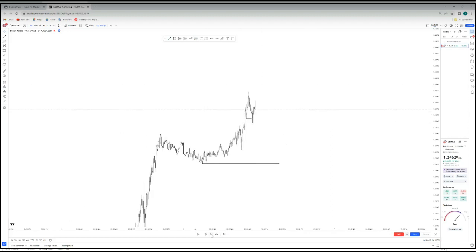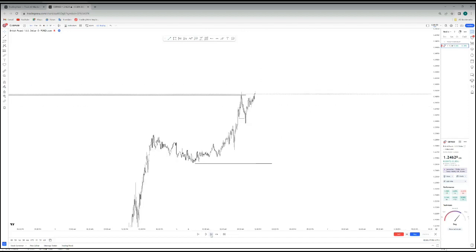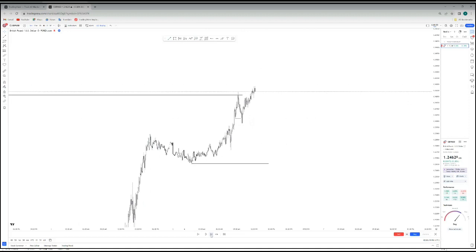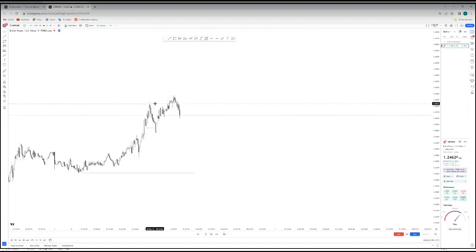Now, this is not mentorship. I would have talked about this reliquidation, but that's not what I'm here to do. So now we have a break of market structure, and we have this liquidity, and we have this other block.